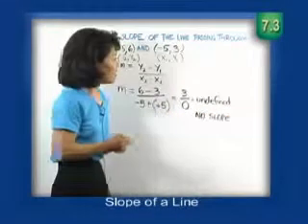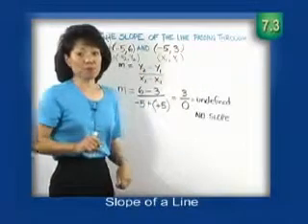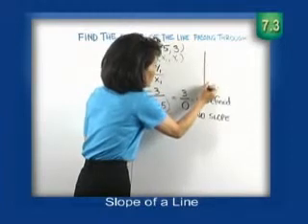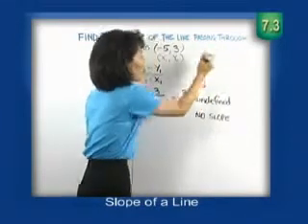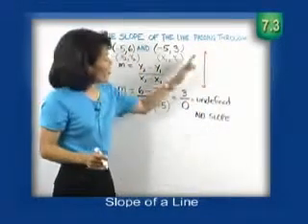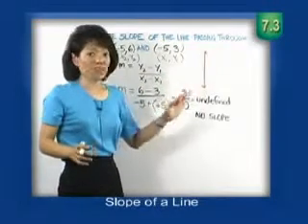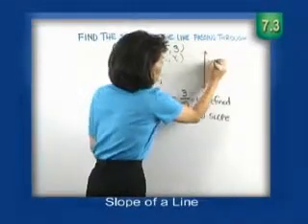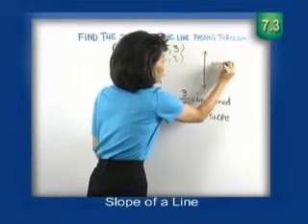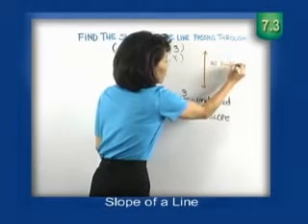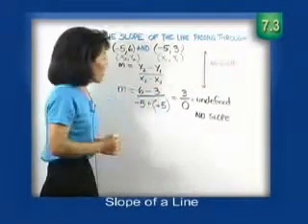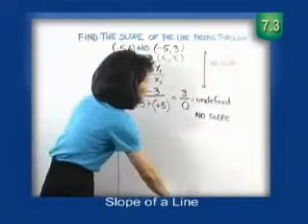Well, if I were to plot these 2 points on my coordinate system and connect the 2 dots, I would get a vertical line. Now, a vertical line here has no slope because it's directly up and down. So we can say that all vertical lines have no slope or they're undefined. No slope or undefined.